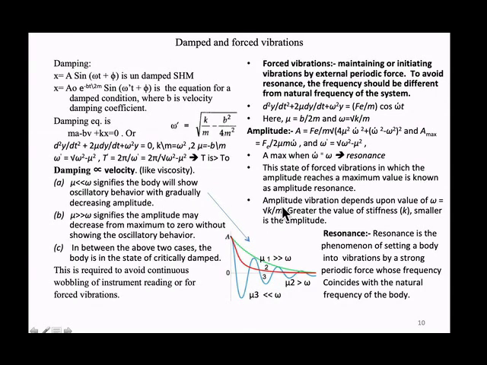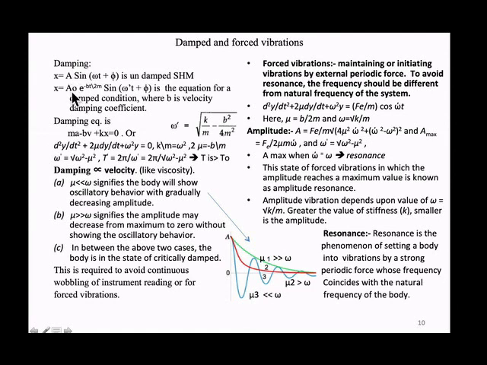Let us see damping. This is a damping equation. Suppose x is a sin(omega t plus phi). This is our fundamental displacement in simple harmonic motion. It is an undamped one. If I provide damping here, the amplitude a will go on reducing, and sometimes it will stop oscillating.